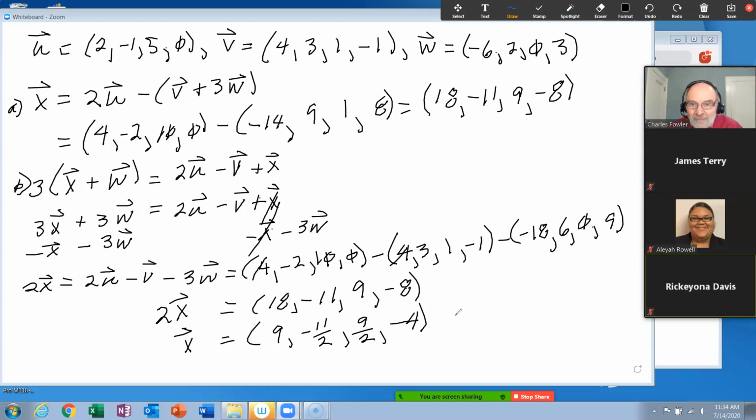So try to get it to me sooner rather than later, but get it to me by Tuesday so I can get as much of this graded as I can between now and then and do the grading on that next week.